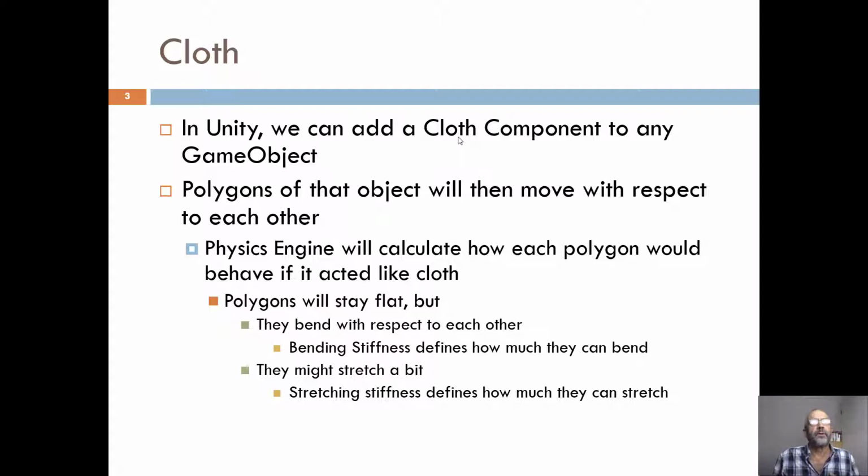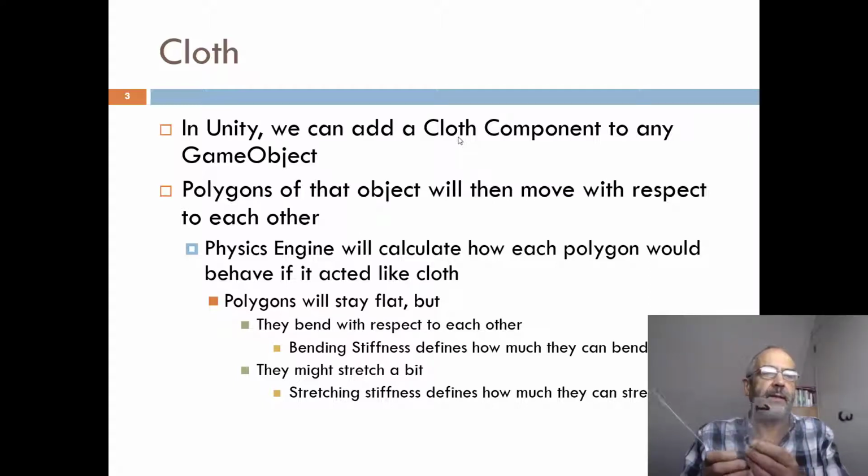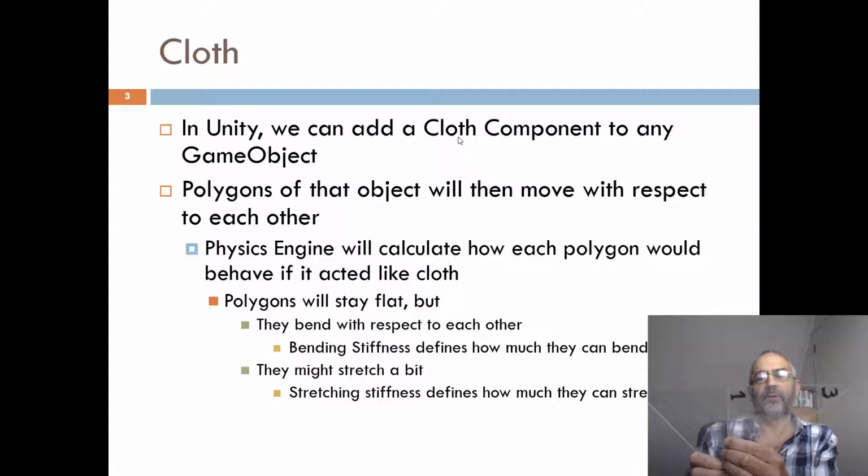So what we can do in Unity to any object, we can add a so-called cloth component. And then what will happen is that the polygons of that object will be able to move with respect to each other. So if you have a fixed mesh, let's say here with two polygons, then usually these polygons are fixed with respect to each other.